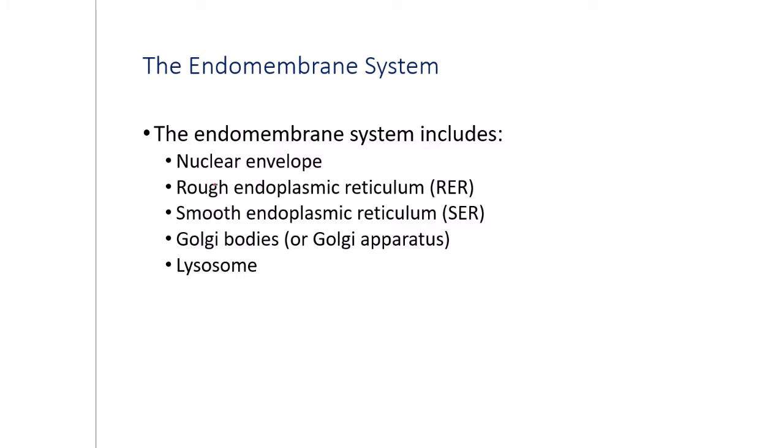And there are two types of endoplasmic reticulum, rough or smooth. There's something called the Golgi bodies or Golgi apparatus, as well as another organelle called the lysosome. So let's take a closer look at the different components of the endomembrane system and their functions.